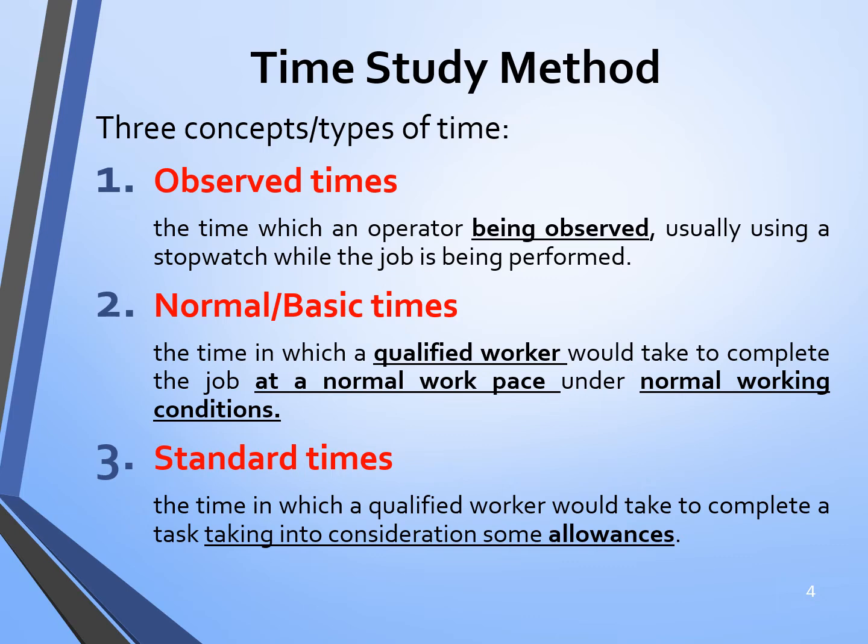Okay, for example, I give you one question, and I say to you, you have to take 30 minutes to complete that task. So when you take exactly 30 minutes to complete the task, meaning that you are working at a normal work pace. So your work pace is equal to 100%. Some of you take, let's say, 15.